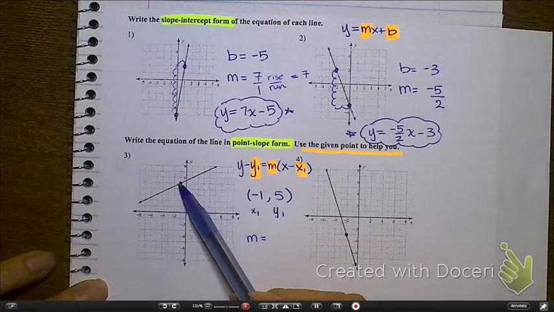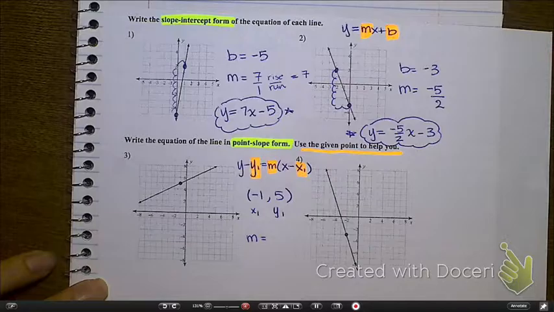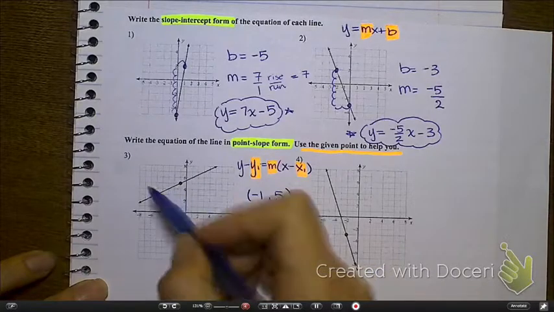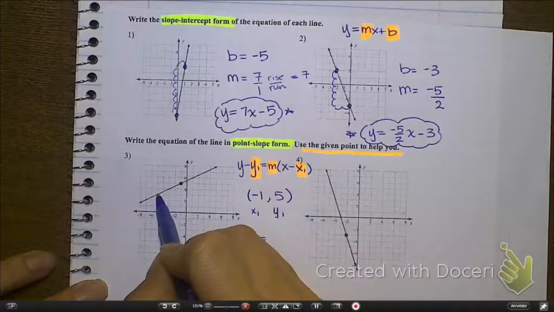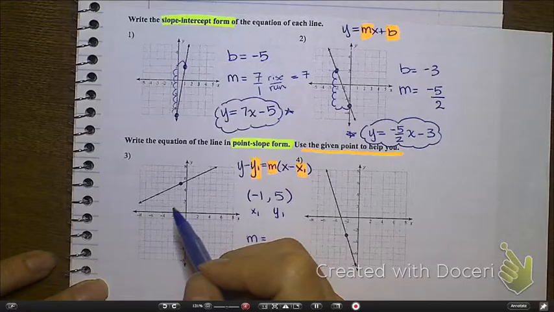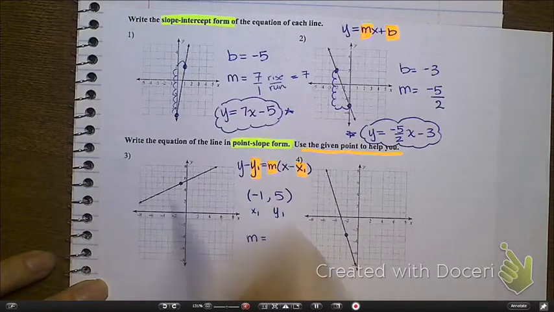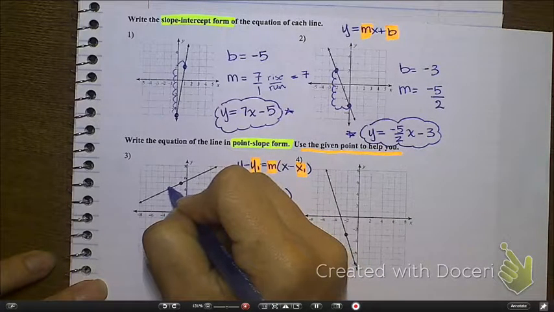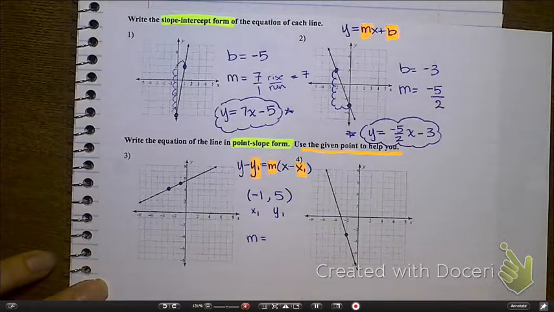So does anyone see another point that looks good? Over here? Is that an okay point? Or right here? Do you guys want the farther one or the closer one? Whether you use the one that's farther or the one that's closer, it doesn't matter. Your slope's always going to be the same because the farther one will reduce to the same thing.